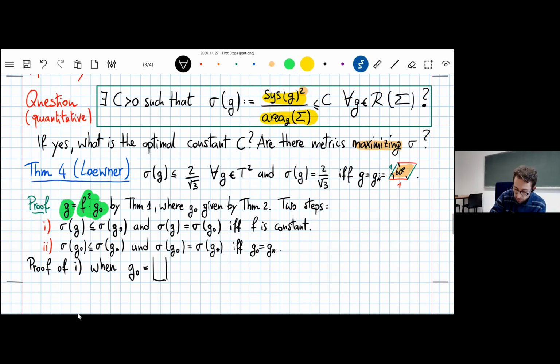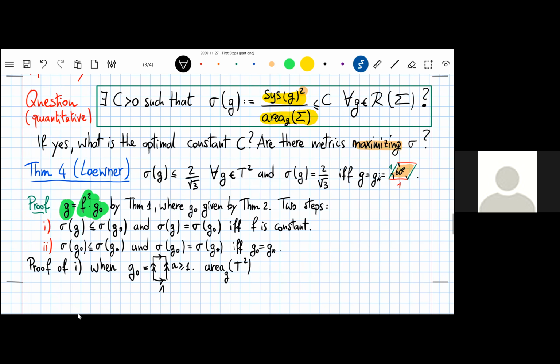This is more intuitive to understand. So the first horizontal side has length 1, and say the vertical side has length a, bigger than 1. Okay, and now what you do is you compute the area of T2 with respect to this metric g.